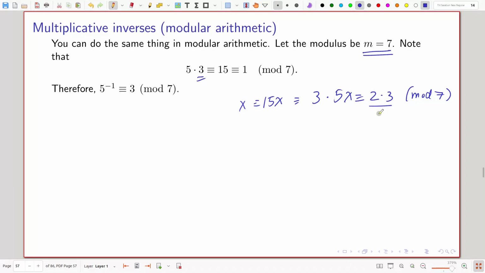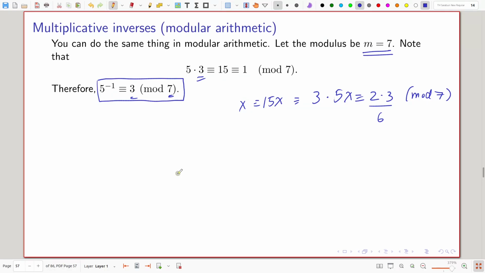And this is 6. So I know that x is 6. So 6 times 5 is 30, right? Mod 7 is 2. Okay? So I know that the multiplicative inverse of 5 modulo 7 is 3.